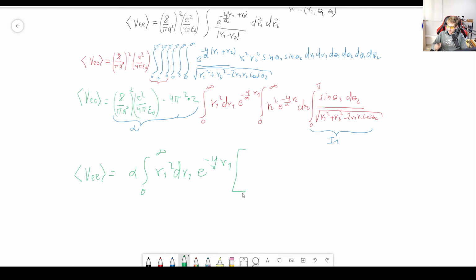And now, notice this. The form of our integral depends on whether r1 is greater or smaller than r2. And since we are integrating with respect to r2, the endpoints of this integral tell us what the value of r2 is. So we can write this as integral from 0 to r1, because in all of that, r2 is smaller than r1.